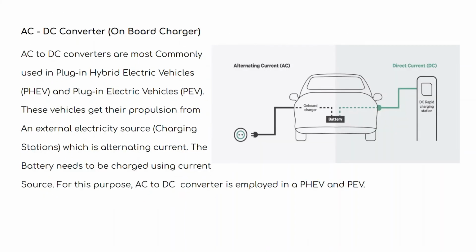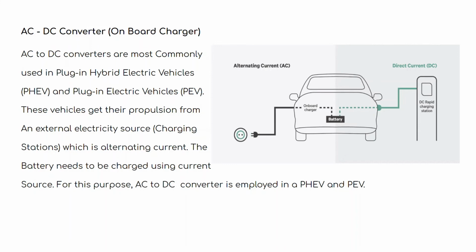The first one is the AC-DC converter. The figure shown here represents a simple diagram of an AC-DC converter. AC to DC converters are most commonly used in plug-in hybrid electric vehicles, that is PHEVs, and plug-in electric vehicles, that is PEVs.